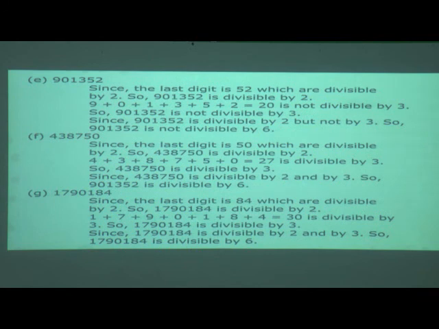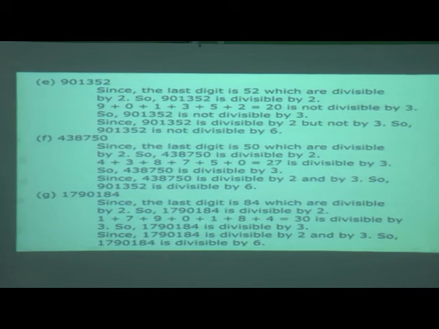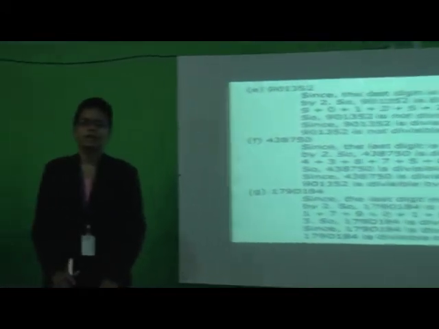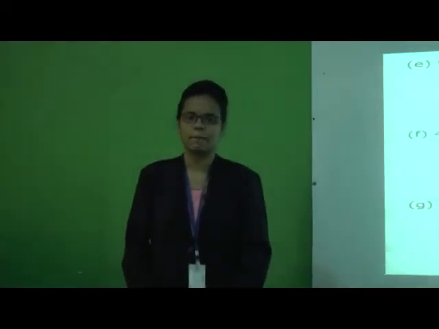In the next class, we will look in detail at whether numbers are divisible by 11 or not. Till that time, you can practice the divisibility rules. You can even write many different examples to find out the different divisibility rules for different numbers. So practice, students. Thank you.